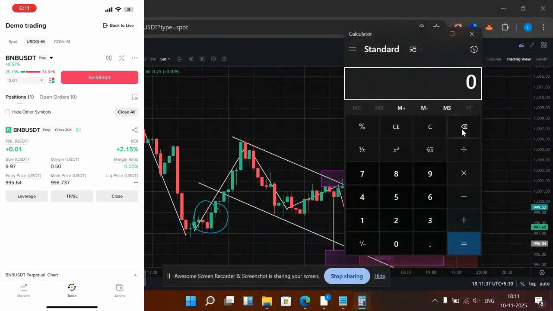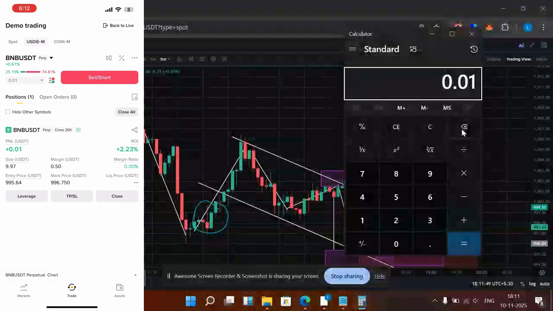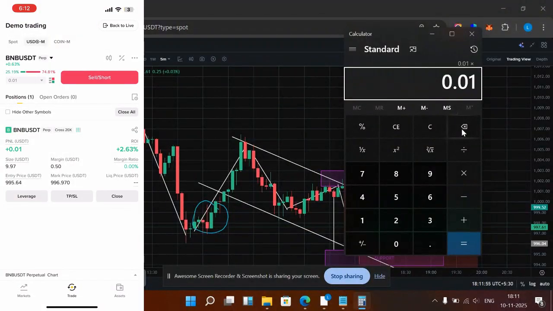That is going to decrease your margin, which is the amount needed for the trade. Like if I trade this much and I make the profit of 0.01 cent, which I'm making right now here, and if I have set that leverage to 59, it's going to be times 59.